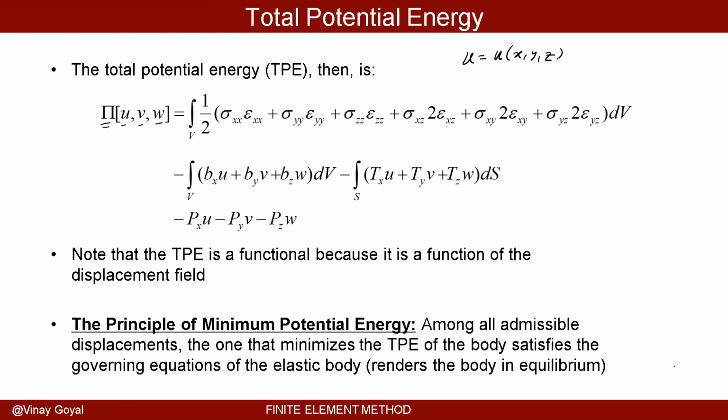U, v, and w are the deflections of the body of material, and they are functions on their own. So pi is a function of other functions, and therefore pi is considered a functional.